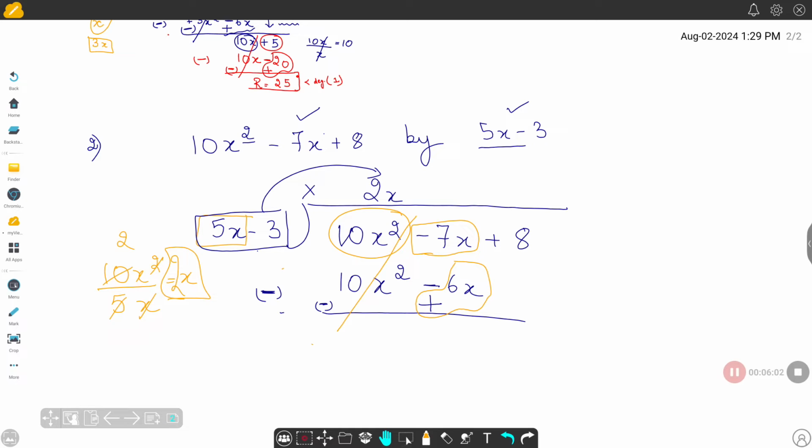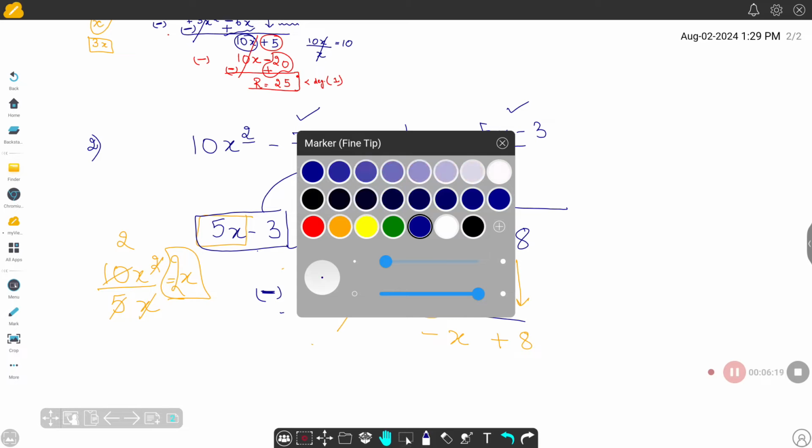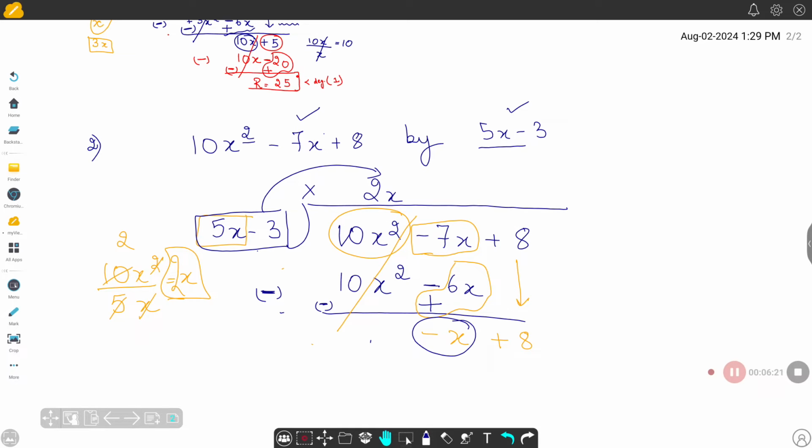So minus 7 plus 6, minus plus minus, and we consider the sign of the greater number. So minus x, or minus 1x, will be there. And then plus 8 will be carried forward, right? And now again take the first term minus x to be divided by 5x.